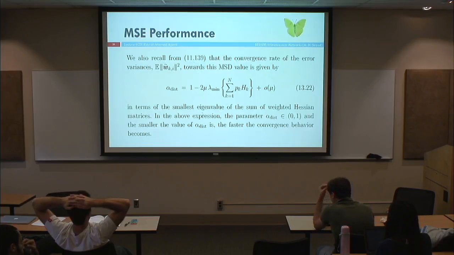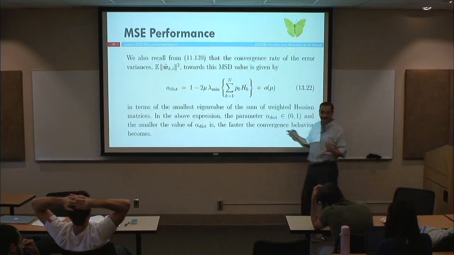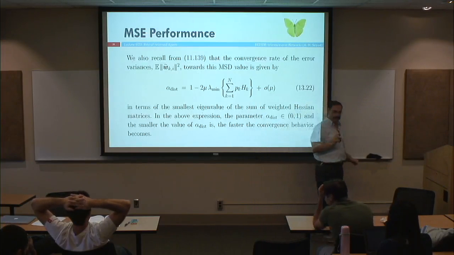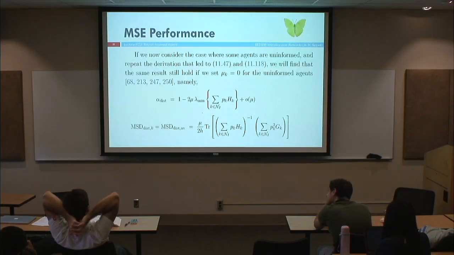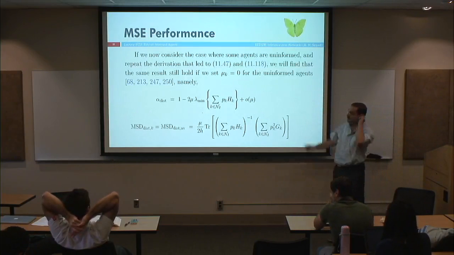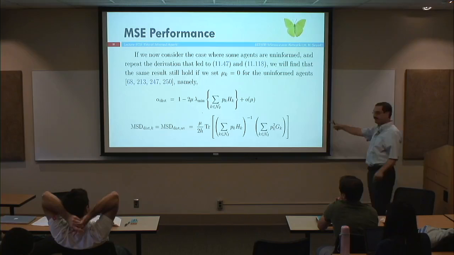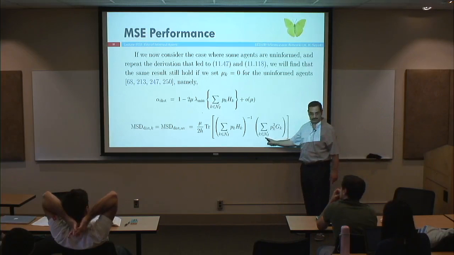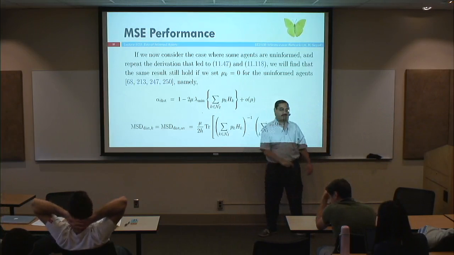And what will change with the convergence rate? The same thing. The sum over the informed agents. So I have the expression. I'm stating these facts because if you go back to these expressions and do what you need to do, you'll arrive at these conclusions. You see? Sum over informed agents, sum over informed agents, sum over informed agents.